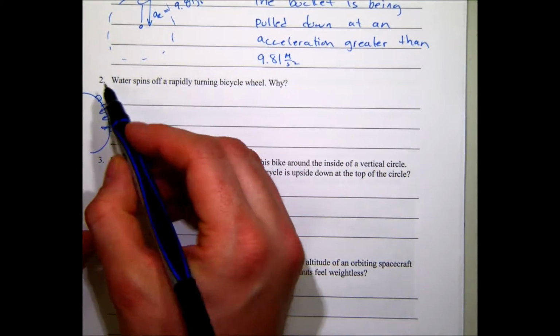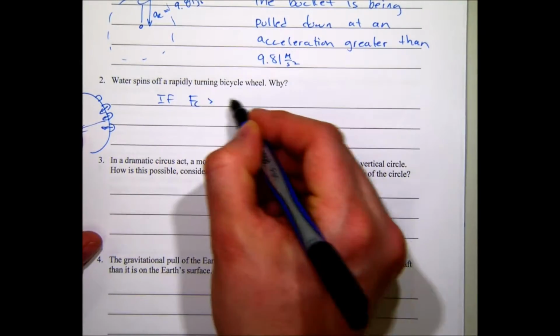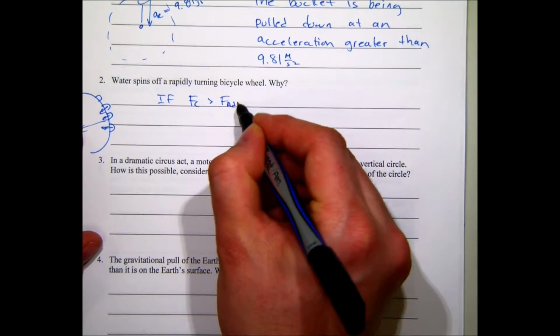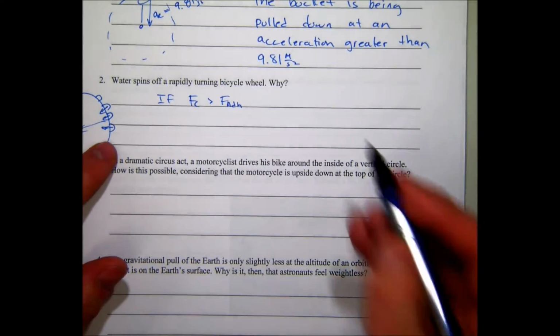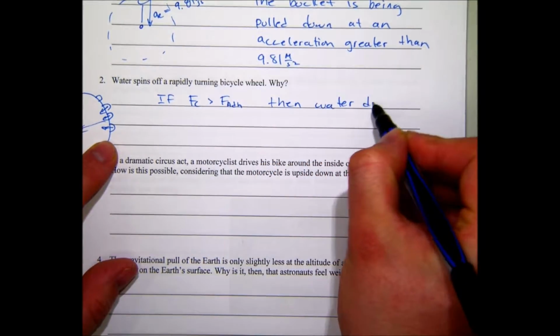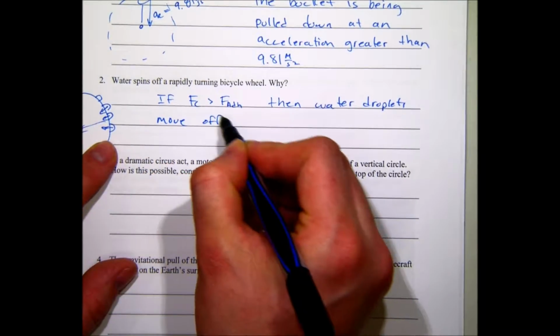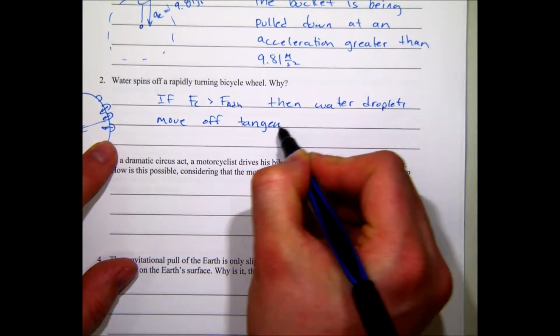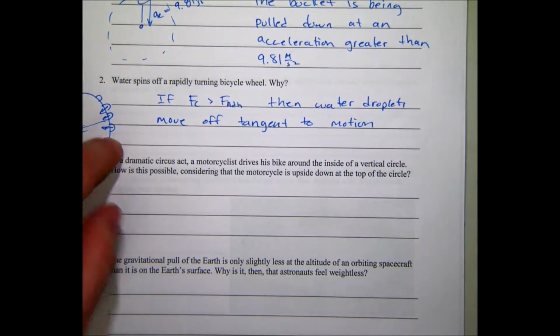If the centripetal force is greater than the force of adhesion, whatever that might be, then the water droplets can't stay stuck to the wheel anymore and they will continue moving in a tangent line. Which is why you get the water streak up your back.